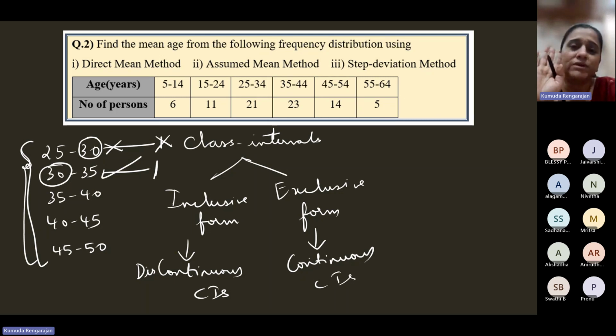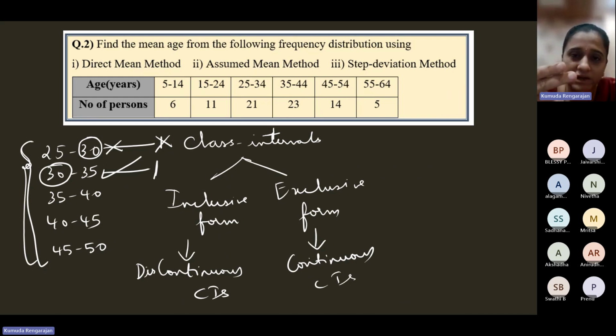It's only about the upper limit, because the lower limit is always included in the same class interval. We're talking about the differences with respect to the upper limit. So if the upper limit is included in the same class interval, inclusive form.